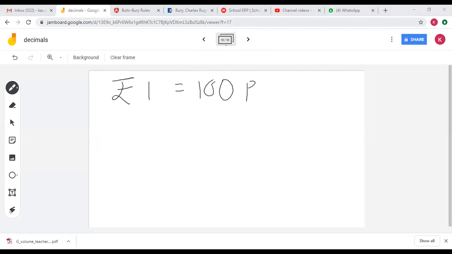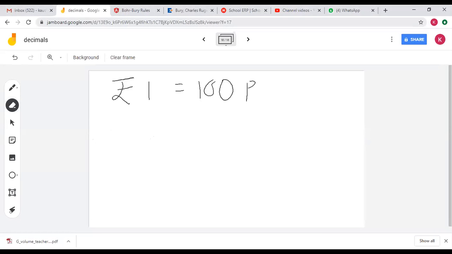If I write 5.5 rupees like this, what does it mean? It is how many paise? If I want to find that, I will have to multiply it by 100.